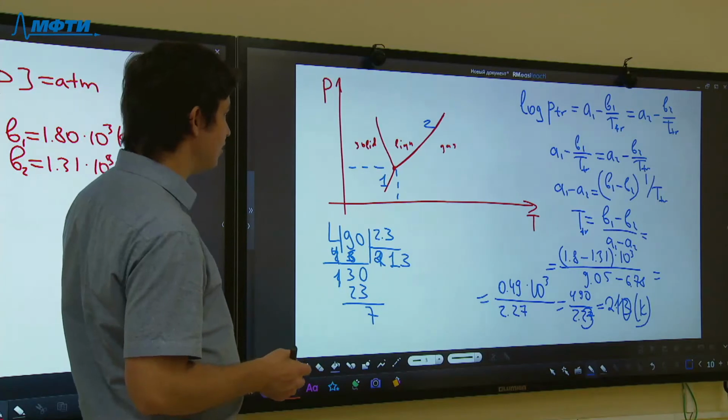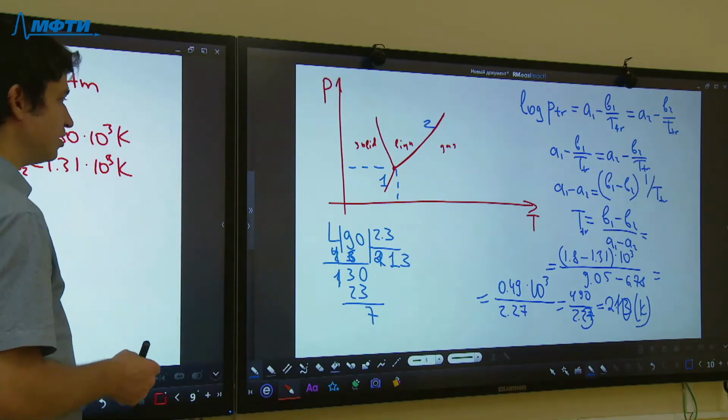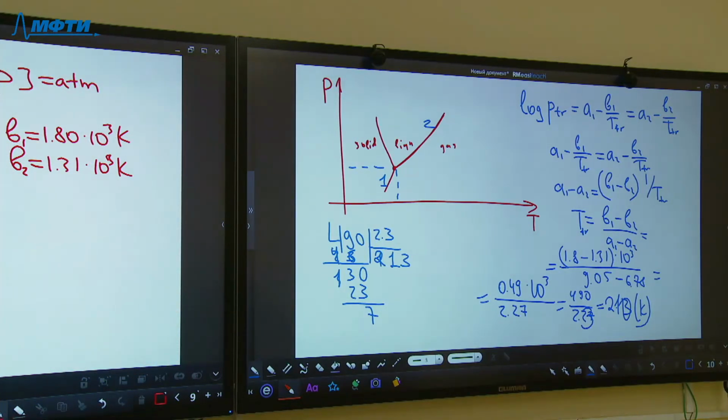Okay, so now we have this triple point temperature, so now we can also calculate the pressure at the triple point after we insert that into the equation.